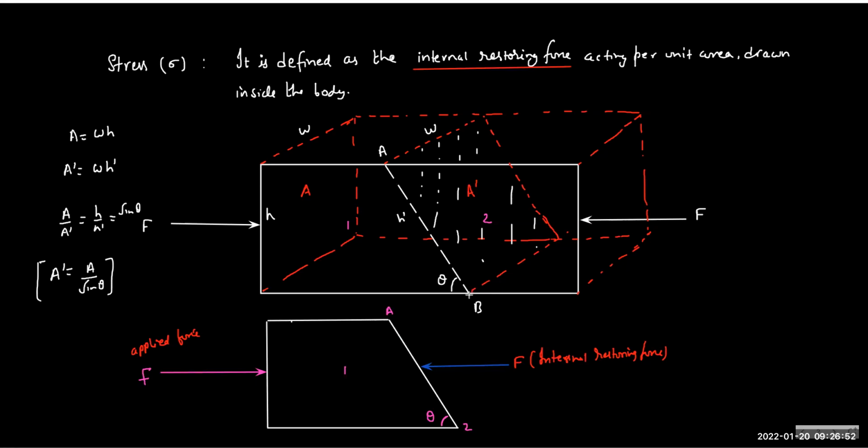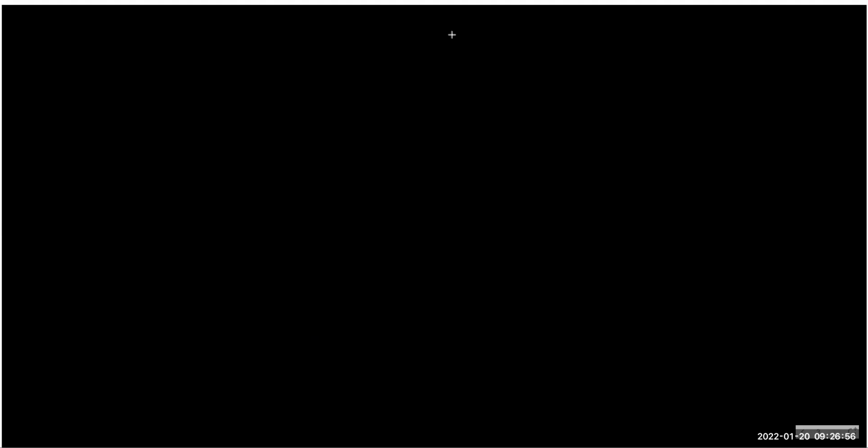Okay, now this is the internal force. Now what we're going to define is the types of stress. What I said is that pressure is defined by the normal force upon area. We just have pressure; we don't have types of pressure.